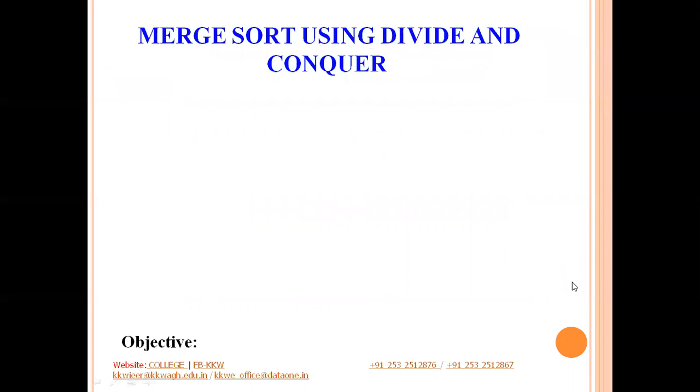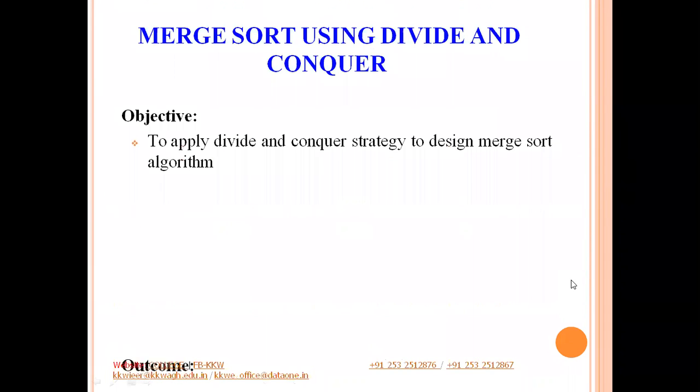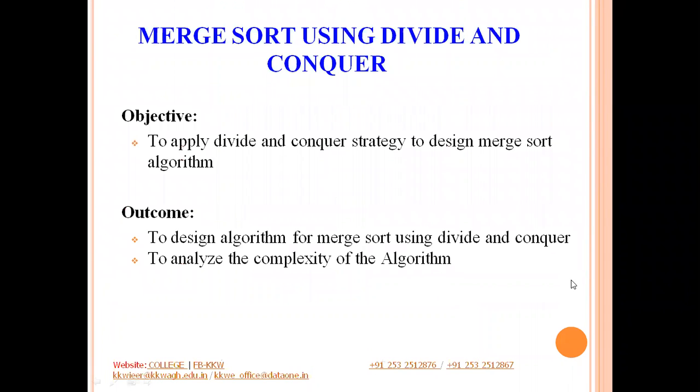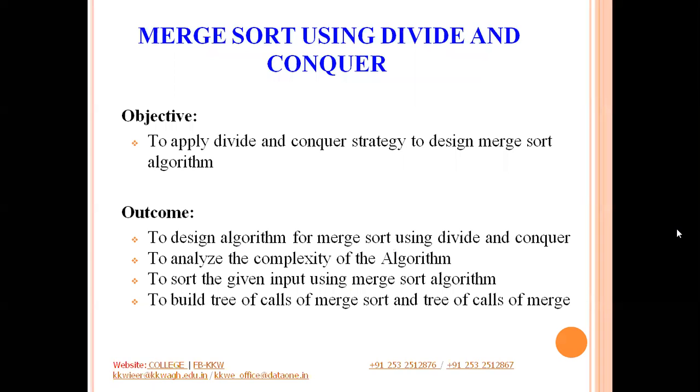As per our usual practice, we will first start with the objectives and the outcomes of this e-lecture. The objective of this lecture is to apply the divide and conquer strategy to design the merge sort algorithm. The outcome is, at the end of the lecture, we will be able to design the algorithm for merge sort using the divide and conquer strategy.